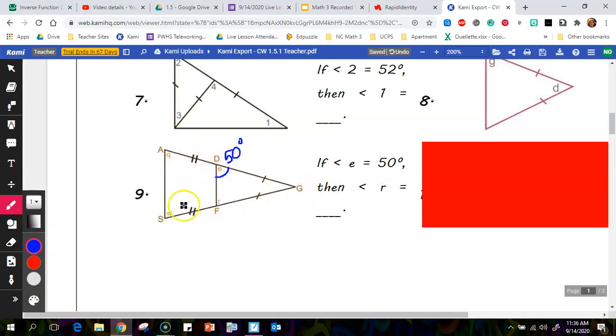We don't even have to look at this other part of the figure. This triangle that I'm going to outline in pink is an isosceles triangle. Because this angle is across from this side, and this angle, which is the one they're asking for, R, is across from this side, E and R are congruent to each other. So angle R is also 50 degrees. So that would be the answer to that one.